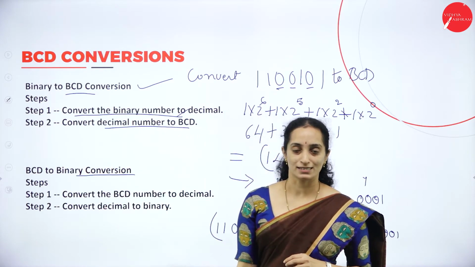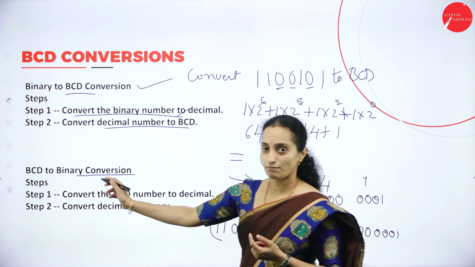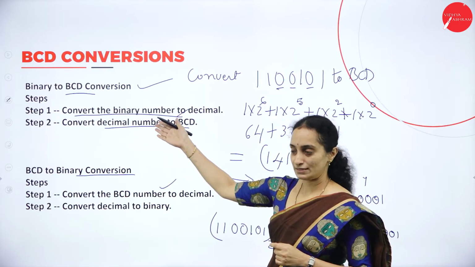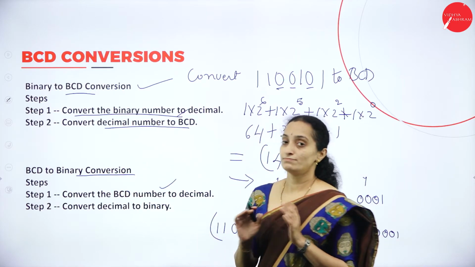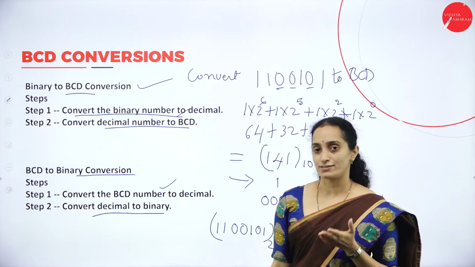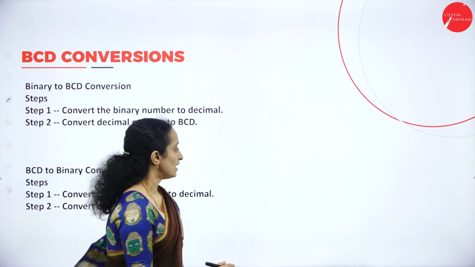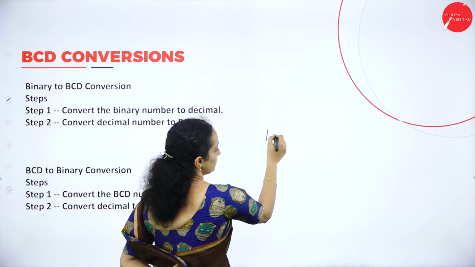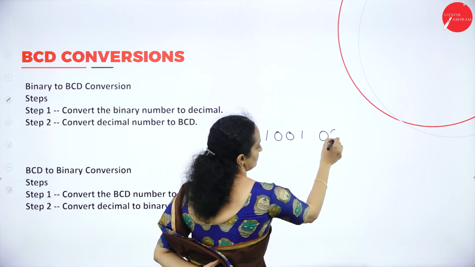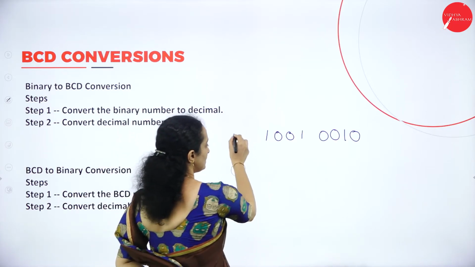Okay. Now, the reverse procedure is, how do you convert the BCD representation to binary? The step here is the reverse of this, where first BCD is converted to decimal. Again, the decimal will be converted to the binary representation. If you have a look at an example, I will have a data here. This is the representation in BCD.